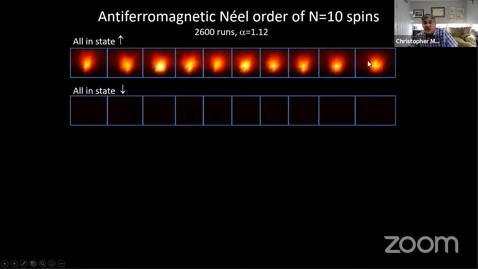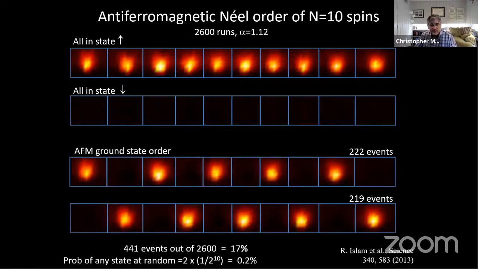This is just a calibration pair of figures, all up and all down, bright and dark. Again, we're making these measurements along X, but I'm not going to comment on that. That just means we change the basis of the measurement or the initialization. Okay, so remember 2,600 runs, and this is what we saw some of the time.